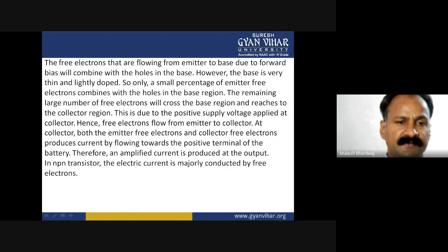This is due to the positive supply voltage applied at the collector. Both the emitter free electrons and collector free electrons produce current by flowing towards the positive terminal of the battery. Therefore, an amplified current is produced at the output. In NPN transistor, the electric current is majorly conducted by free electrons.